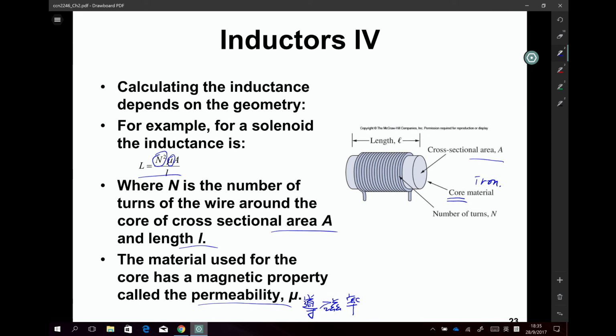Actually, you may consider that the inductor looks like a solenoid, 電磁石, and 電磁石 has this structure. When you pass current through the coil, it becomes a magnet, so that it will attract some iron or ferro material.